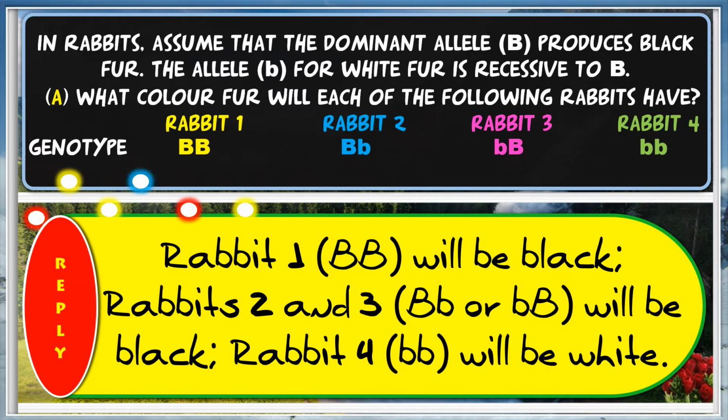Rabbit 1, capital B, will be black. Rabbits 2 and 3, capital B small b or small b capital B, will be black. And rabbit 4, small b, will be white.